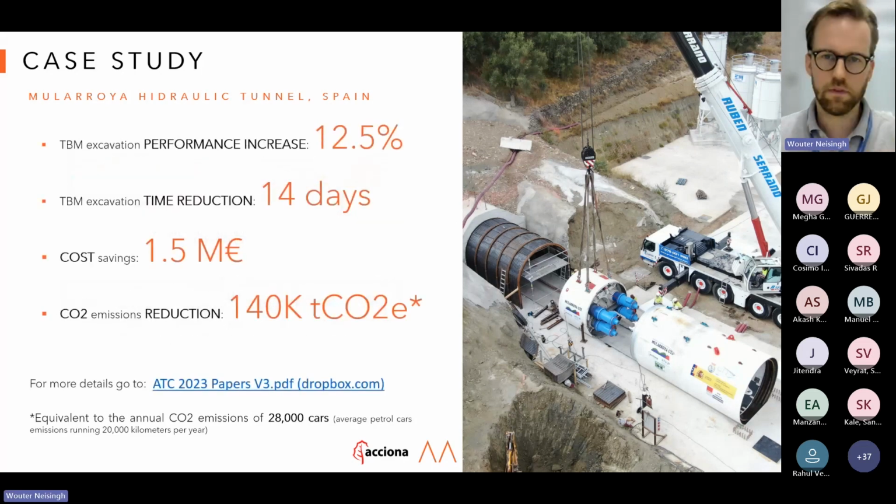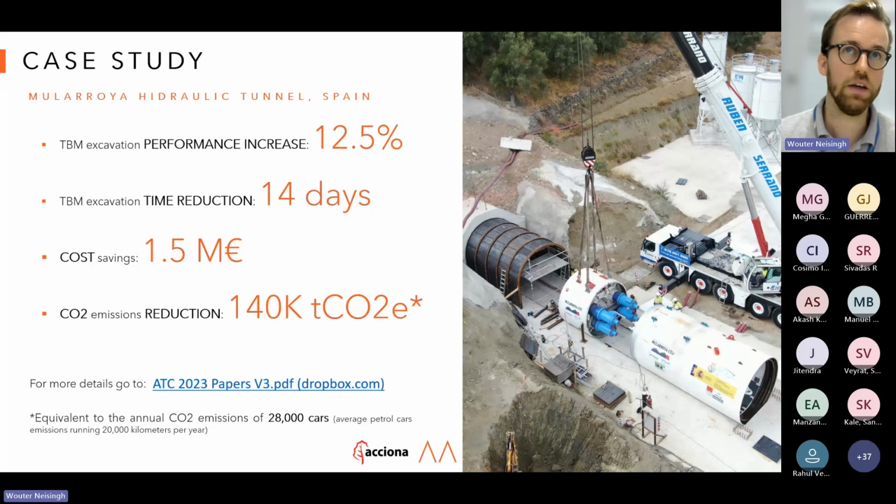If we then fast forward to the results, what were we able to do in this project? Well, based on the results found in the case study, we were able to conclude quite some things. If Daarwin Gemini were to be deployed for the entire length of the tunnel, the TBM performance would have increased 12.5%.